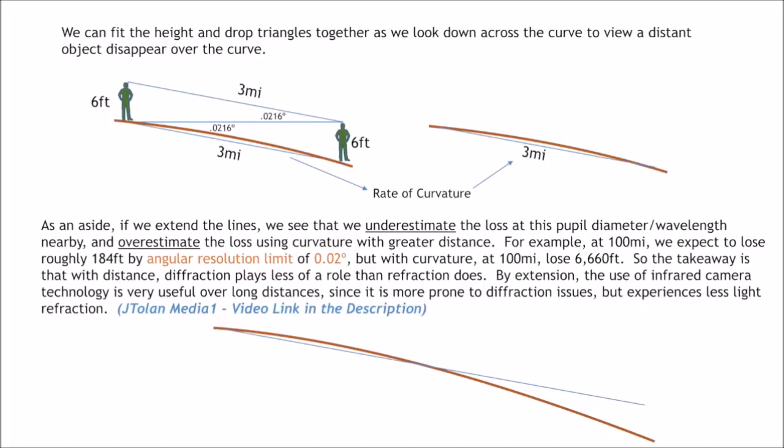So because refraction does play a decent-sized role, the infrared camera technology is proving to be a very good tool to view these distant objects, which again do not have anywhere near the expected rate of loss, such as 6,000 feet of loss at 100 miles. It just doesn't exist.